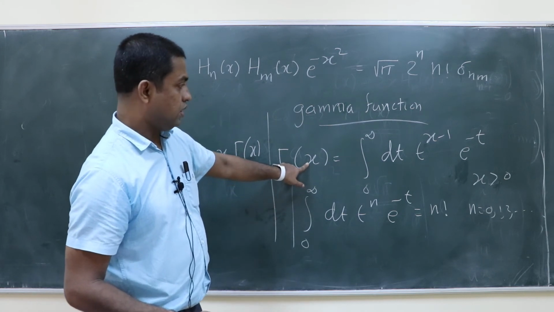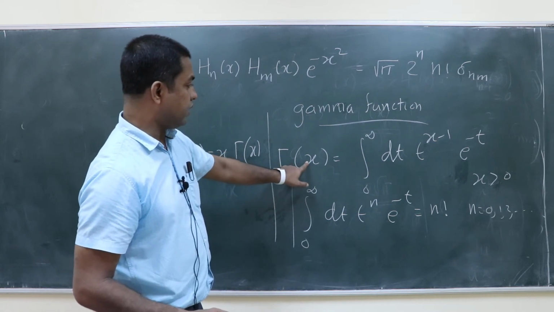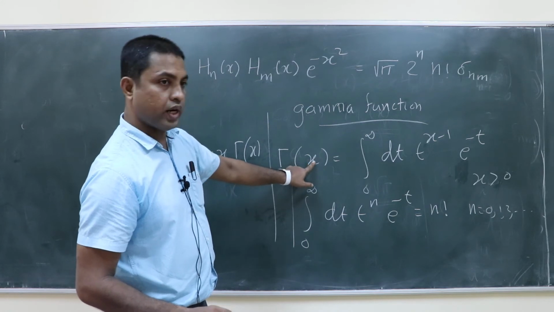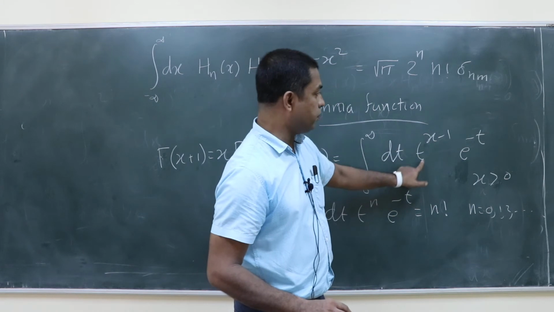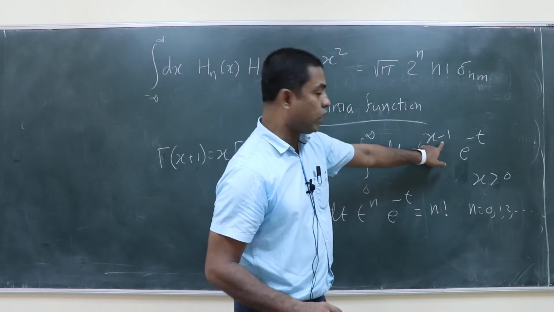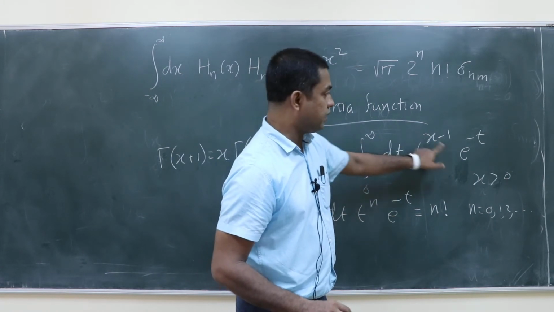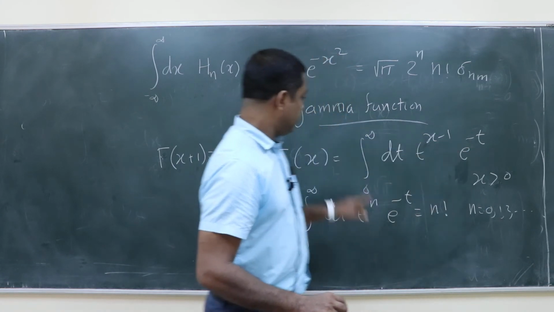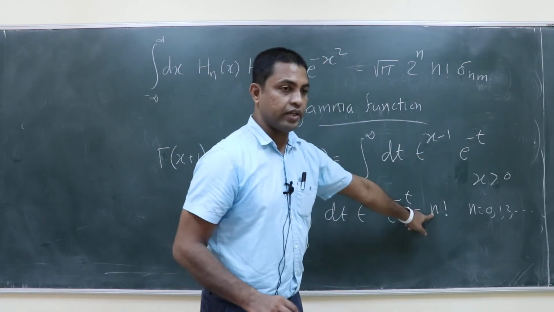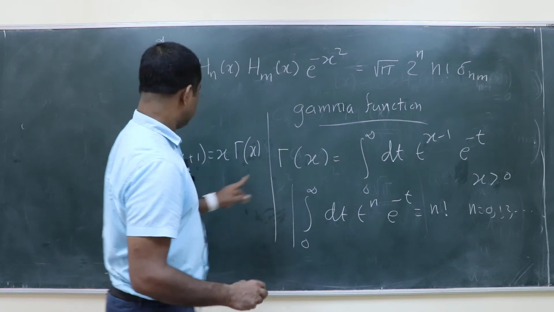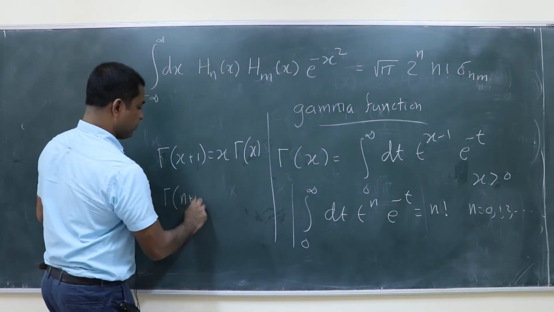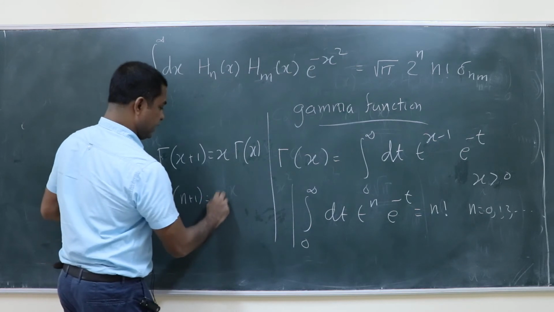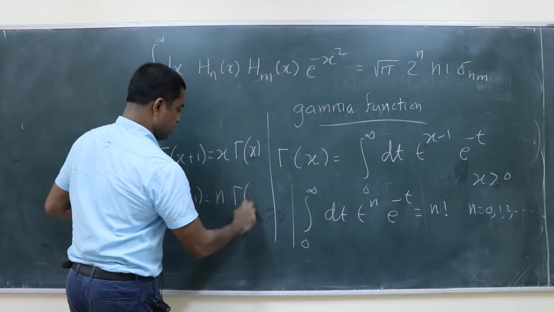Then you can write gamma of n plus 1, putting x equal to n plus 1, so t power n plus 1 minus 1, that is t power n e power minus t. This right hand side, you know, is n factorial. So gamma of n plus 1 is equal to n gamma n.